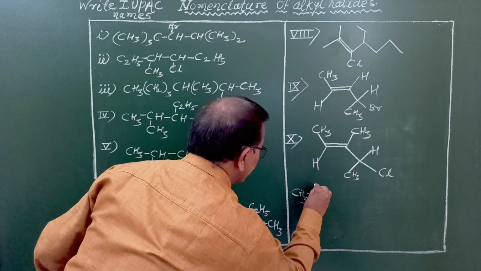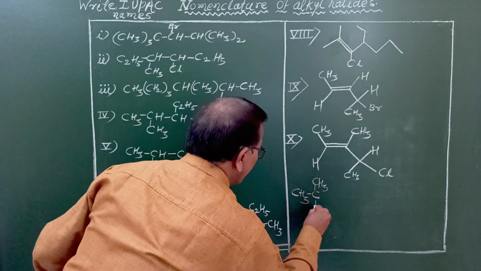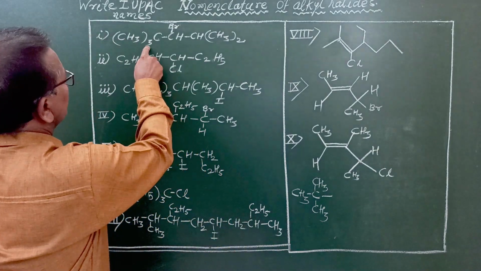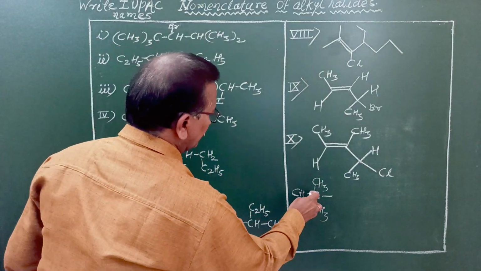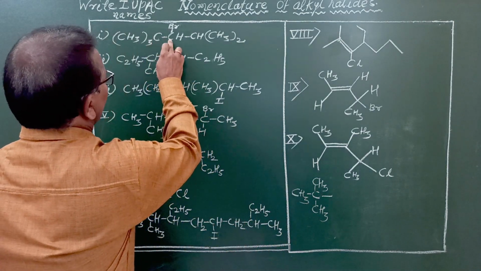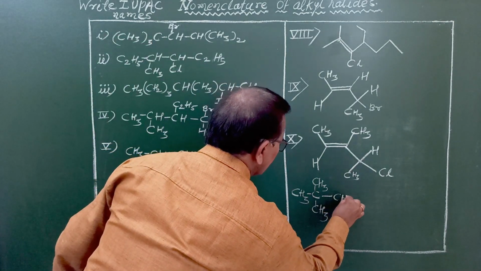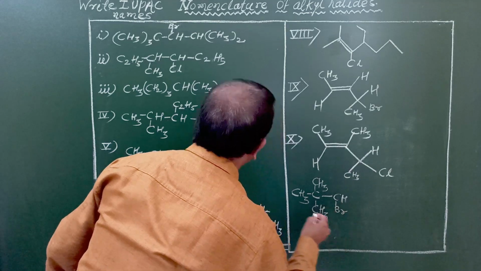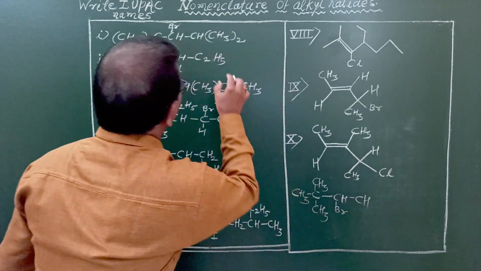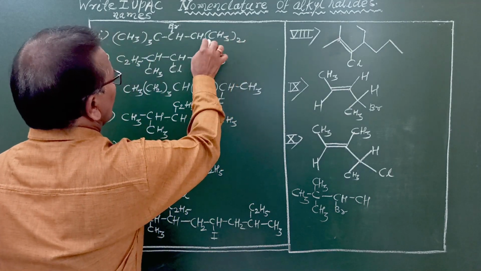CH3, single bond C, branch CH3, branch CH3, single bond C. That means these 3 methyl groups are bonded to this carbon atom. Now next one is CH. Here CH, next Br, single bond again CH. And to this CH, 2 methyl groups are bonded.